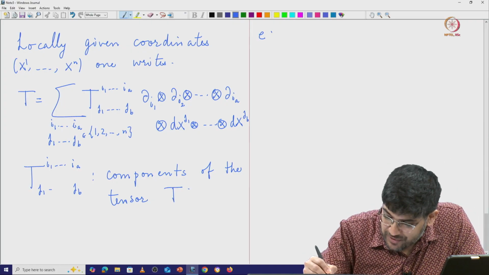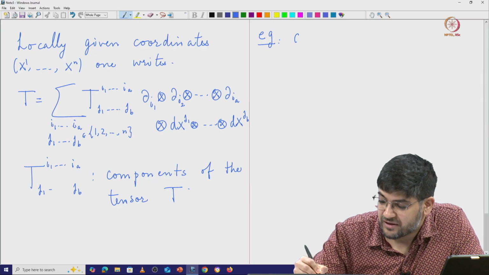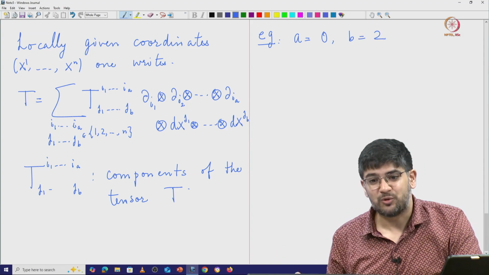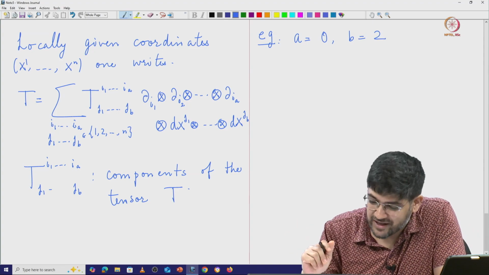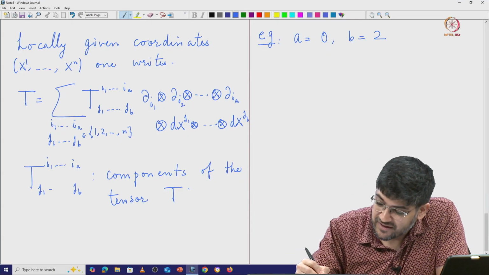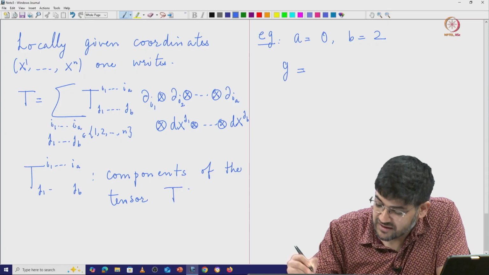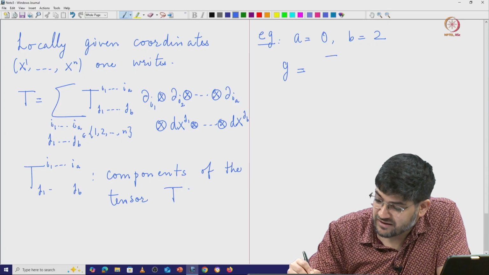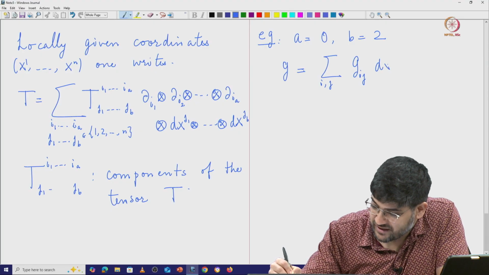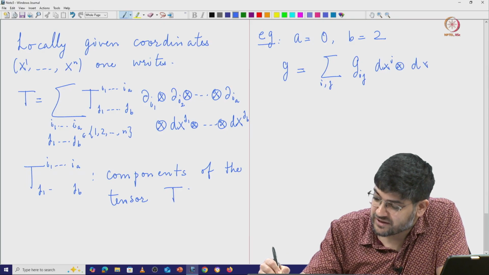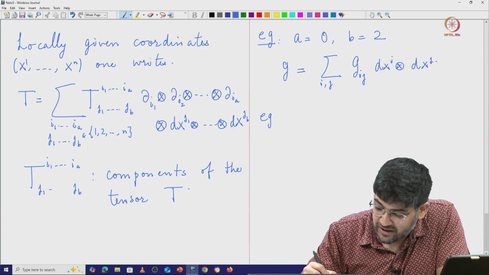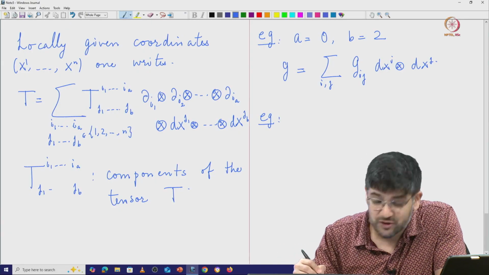Just as an example, if you take A is 0 and B is 2, this is going to be the most relevant tensor for us. Next lecture we are going to introduce Riemannian metrics. They will basically be 0-2 tensors. That can be written in coordinates as g_ij dx^i tensored with dx^j. Similarly, when we define curvature, that's going to be a (1,3) tensor.